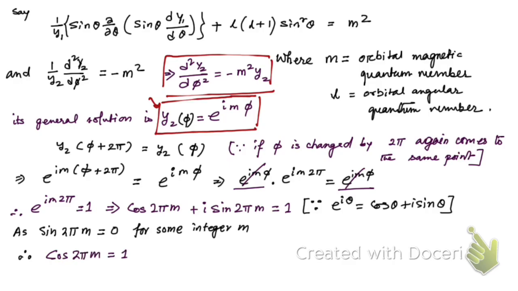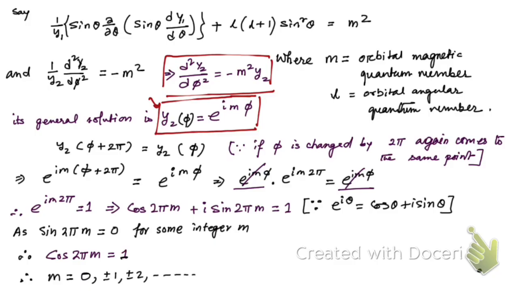And in the general solution of this equation, cos 2 pi m is equal to 1, which means if you put m equal to 0, plus 1, minus 1, plus 2, minus 2, for all those integer values of m, we will get 1. That's why here m is equal to 0, plus minus 1, plus minus 2, and so on. Hope you have understood this.